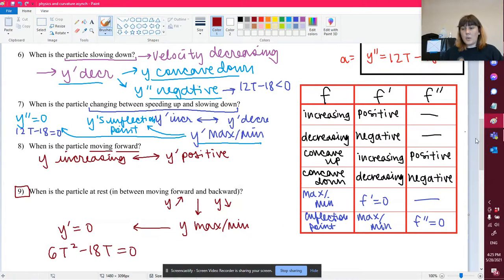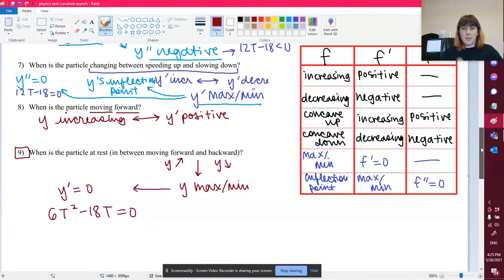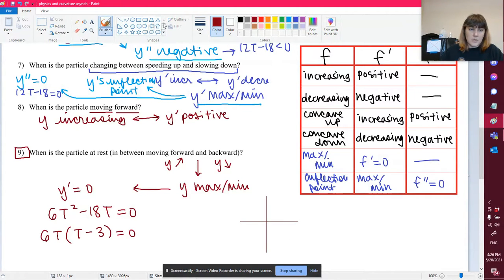And this we would either plug into Wolfram Alpha or plug into Desmos and figure it out. Or if we wanted to do fancy algebra, we would factor and go from there. Once we figure out the points where a particle is moving forward, where the particle's at rest, which ends up being like here and here or something.